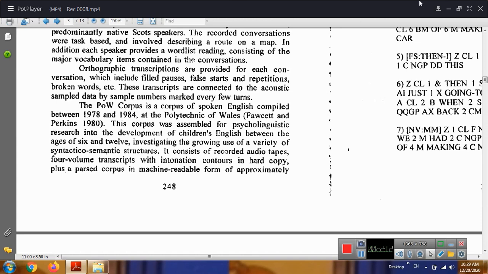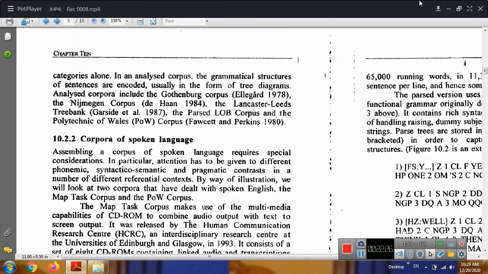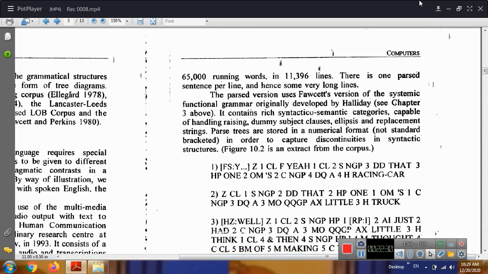It consists of recorded audio tapes, volumes of transcripts with intonation contours in hard copy, plus a parsed corpus in machine-readable form of approximately 65,000 running words in 11,696 lines. There is one parsed sentence per line and hence some very long lines.